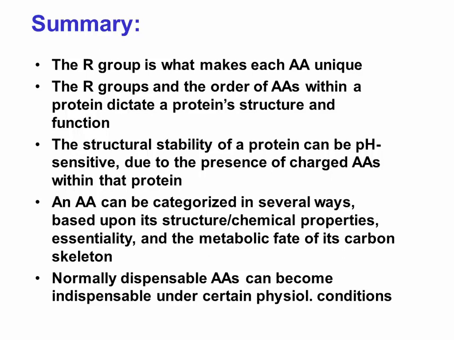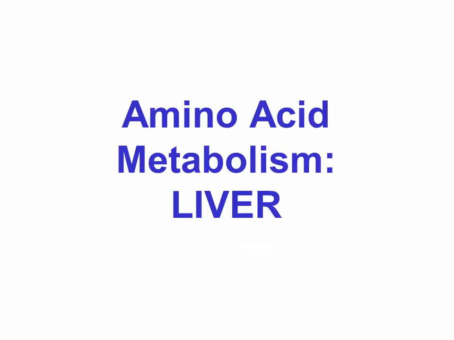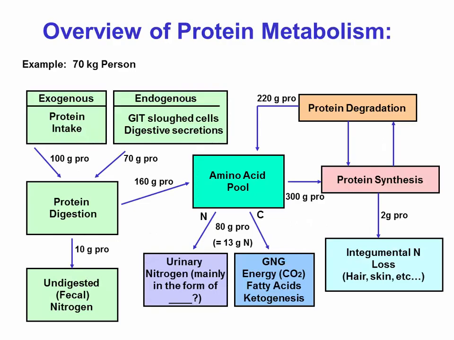Okay, any other questions? Then I think we'll move on to the liver. And please do read the objectives, but in the interest of time, I'm going to move us along here. So we're back on our roadmap, and now we're going to talk a lot about what happens to the nitrogen, and other things, following the liver.